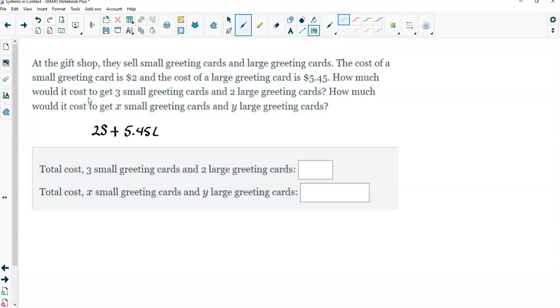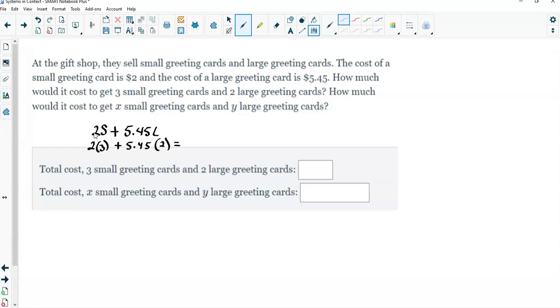How much would it cost to get 3 small greeting cards and 2 large greeting cards? Well, if that happens, let's say that S is the number of small greeting cards, so 2 times 3 plus $5.45, and that's 2 of them. Whatever that is, that would be my answer.